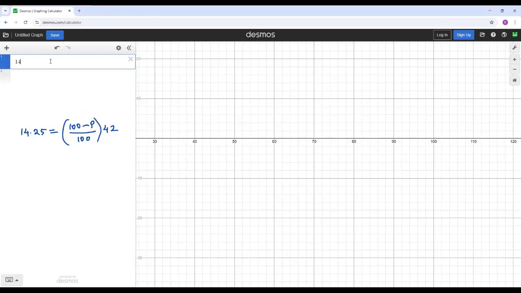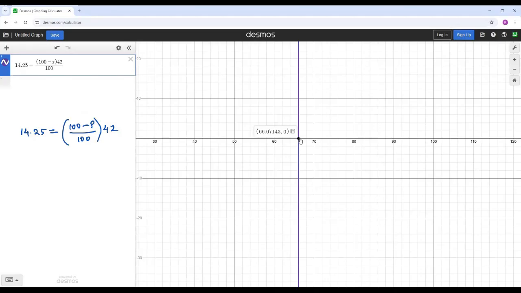Now let me give this equation as input. Over here, there is 14.25 equals 100 negative, instead of P, I am taking X, times 42 divided by 100. Here I got the graph of the given equation. The x-intercept over here is 66.07143, 0. Now at this x-intercept, I have to consider the x-coordinate over here. So this is the solution for this equation.